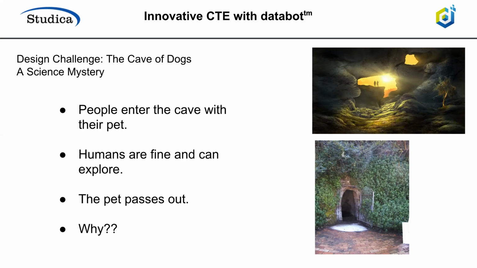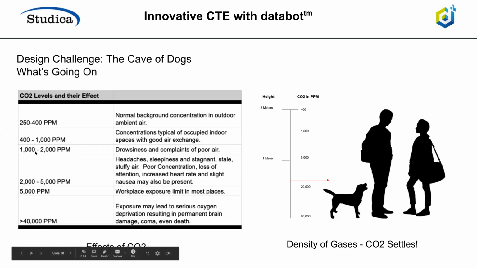And then as we go through the curriculum module, which is online, you finally come to the conclusion that, okay, well, CO2, the density of gases is what's happening here. So your CO2 is much heavier than air. So it actually settles into the bottom of the cave.